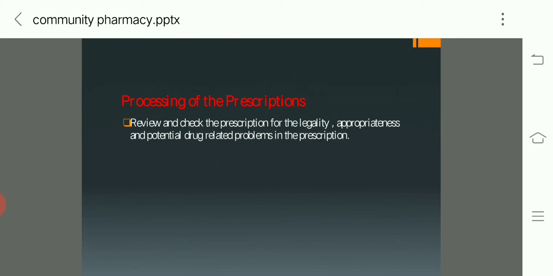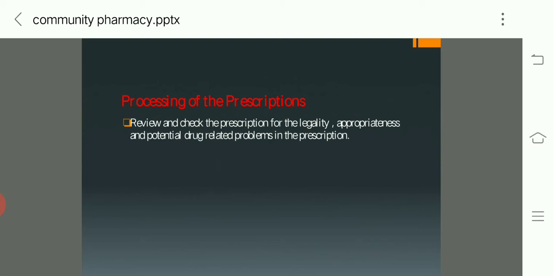Appropriateness and potential drug-related problems means whether there is any drug interaction between the prescribed medications, or we can ask the patient whether he was allergic to any medication in the past, so we can check whether that medication is written in this prescription.